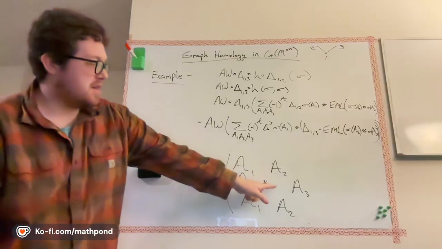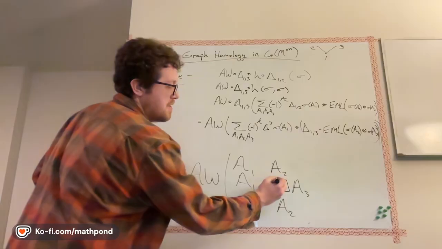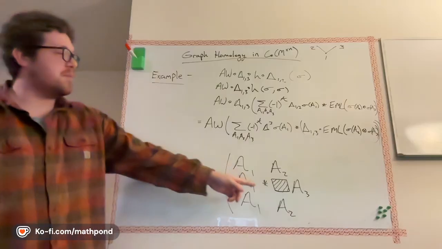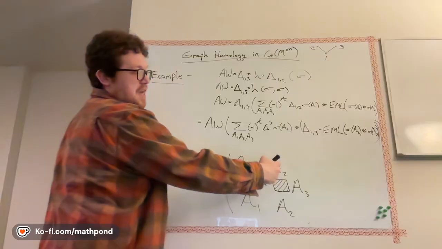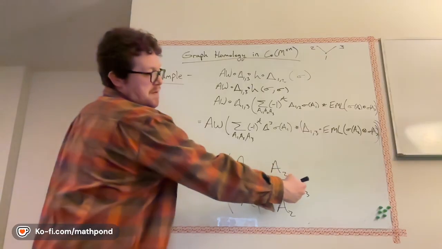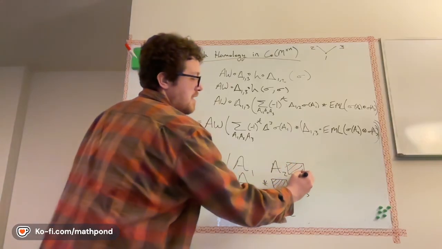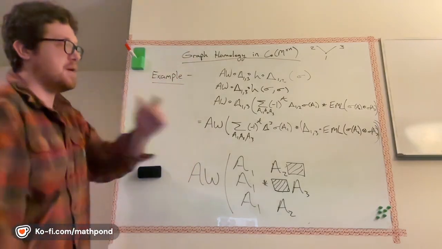I'm writing it this way because where there's a blank space, when you apply the EML map, you get a bunch of degeneracies. Wherever there's A2 terms, there's degeneracies here. Wherever there's A3 terms, there's degeneracies over here. But they get shuffled amongst themselves if you look at the definition of the EML map.